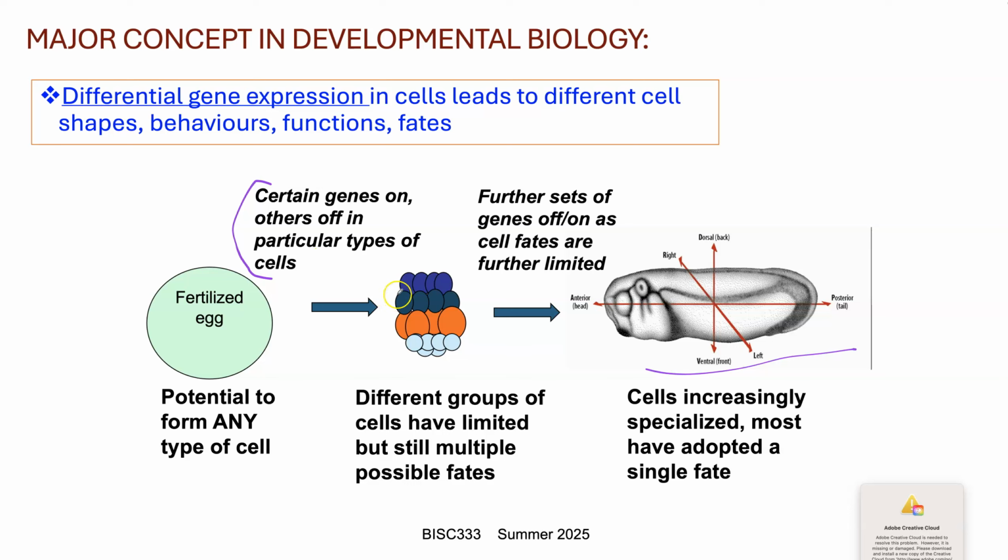And that leads to, this is about a 32-cell stage embryo, and it basically has different cells that have different fates. So these cells here have one set of fates. These cells might have another fate, and these cells might have yet another fate. And they're not done becoming, in this case, ectoderm, mesoderm, and endoderm, which, as I said, we'll talk about more in the actual lecture.